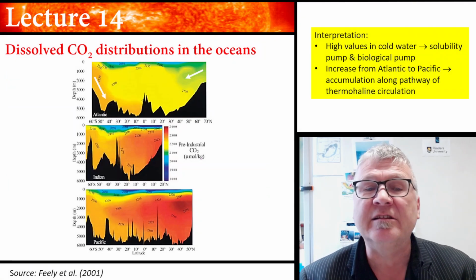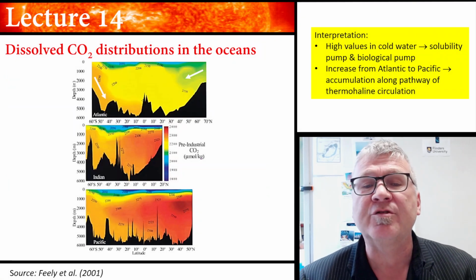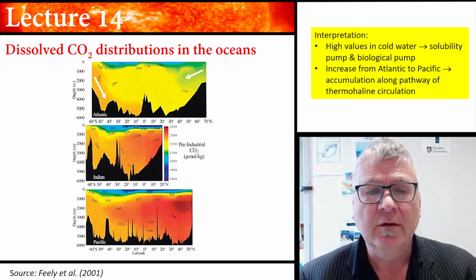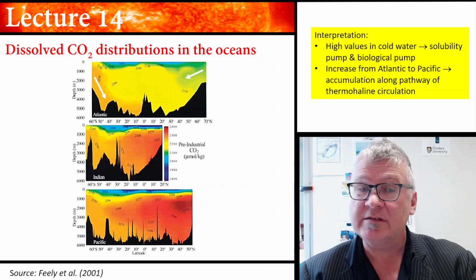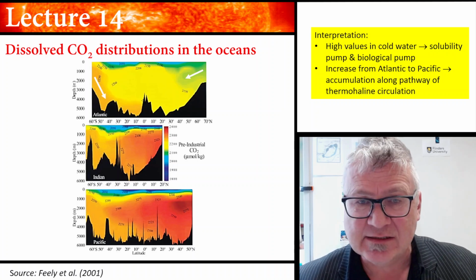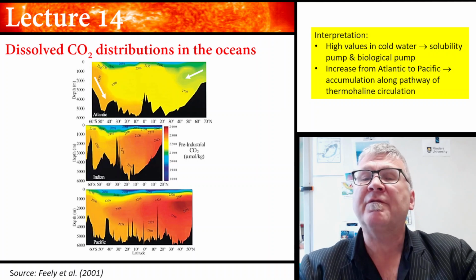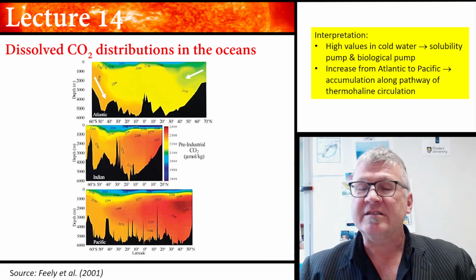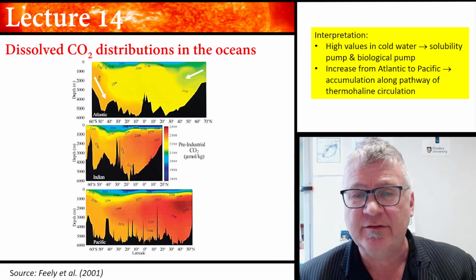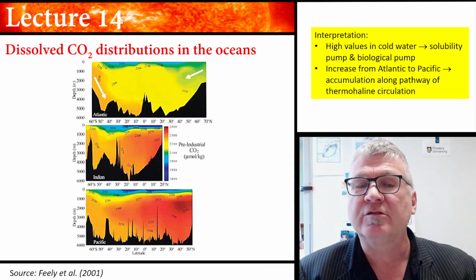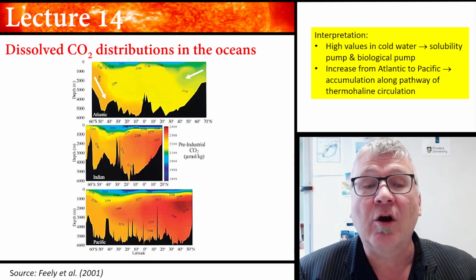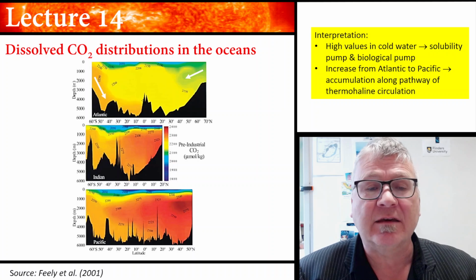Let's have a look at the dissolved CO2 distributions in the oceans. Okay. All right, so these are vertical slices. So imagine you have the world is a big cake, and you can cut through different sections, and the top cut shows you the Atlantic Ocean slice of the cake.